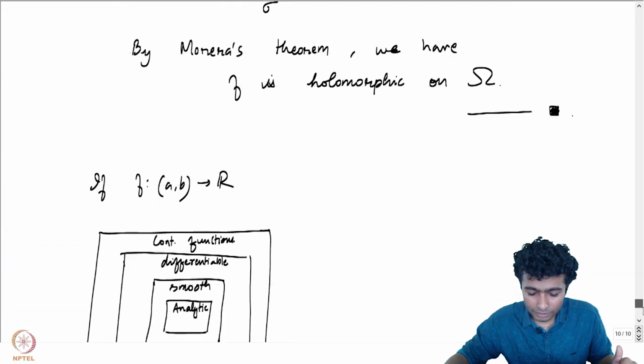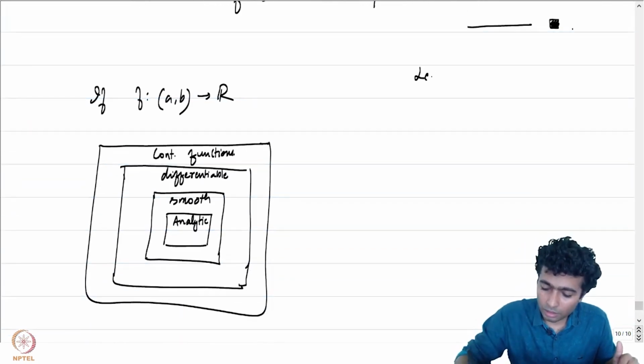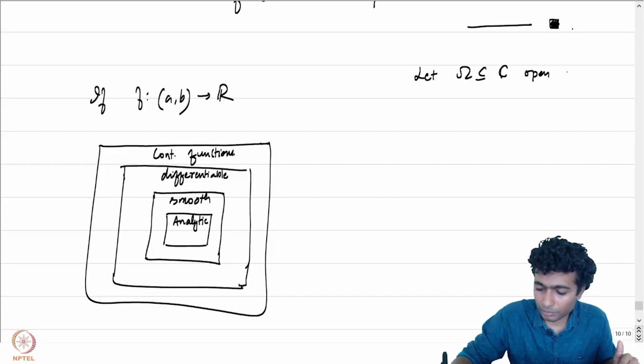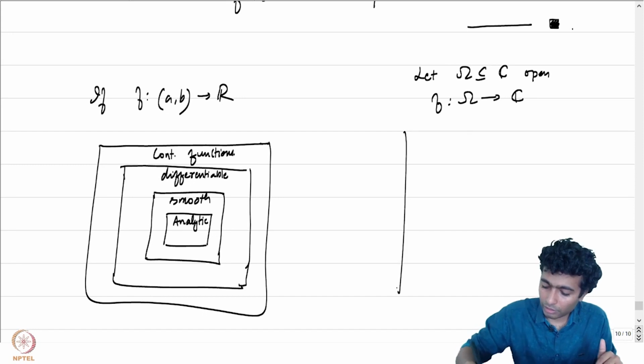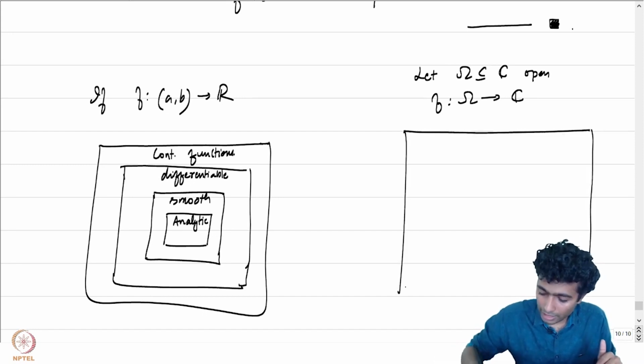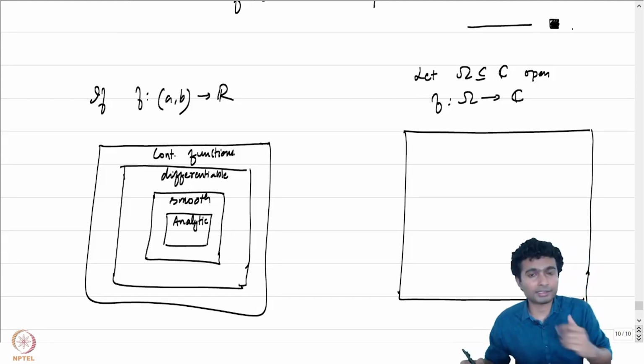Now if you look at functions in an open subset of C, and f be functions on the set omega, we however do not have as many classifications as we have in the real analysis setting.